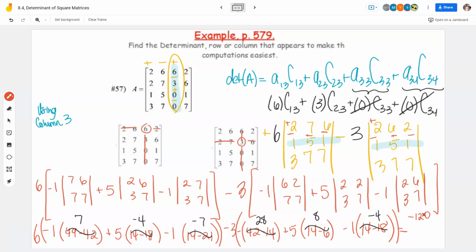And then 40 minus 28 is 12. 12 plus 4 is 16. 16 minus 3. Wait, you have to multiply it by the negative. Okay.